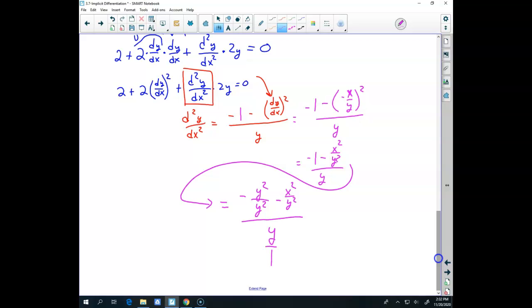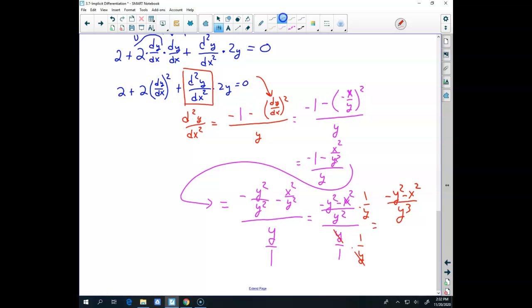And a lot of people don't like my multiply by the reciprocal. Okay, that's fine. I think a lot of you guys were taught, hey, let's multiply both top and bottom by 1 over y. Well, that's the same thing because now that denominator is 1. And that's going to give me negative y squared over x squared over y cubed.